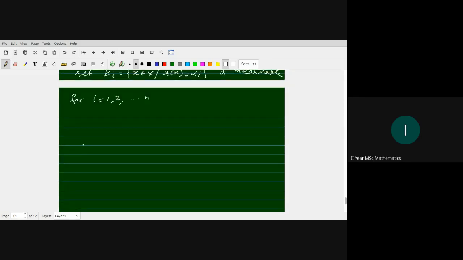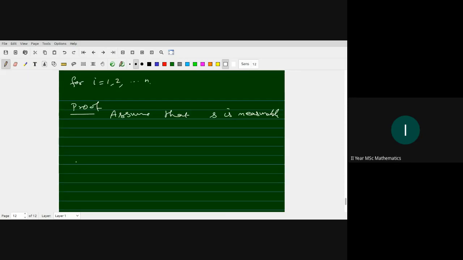So the proof is very simple, right? Assume that S is measurable. The inverse image of open sets is measurable, and the inverse image of closed sets is also measurable. So write E_i.